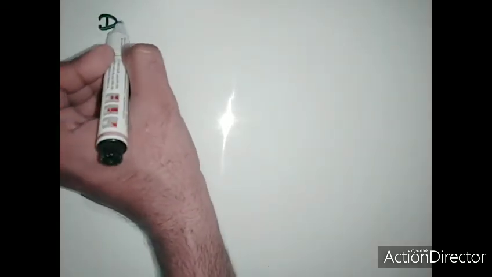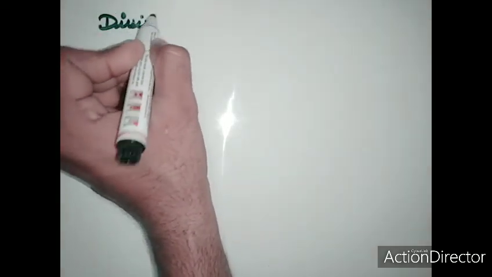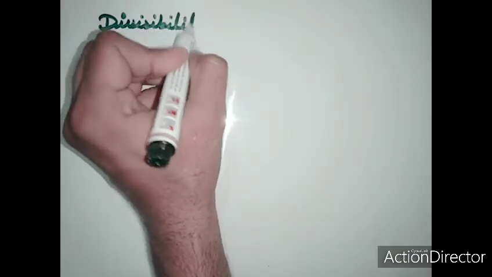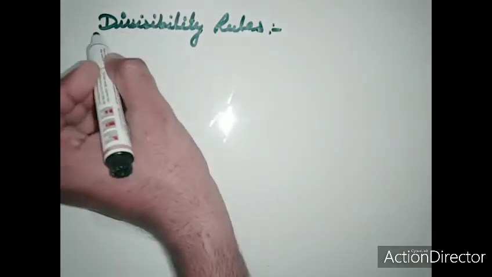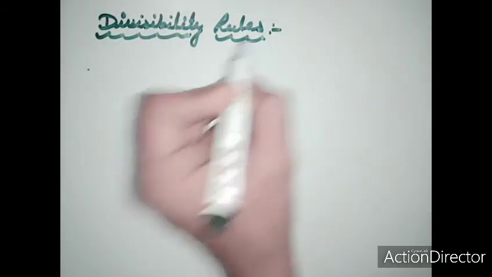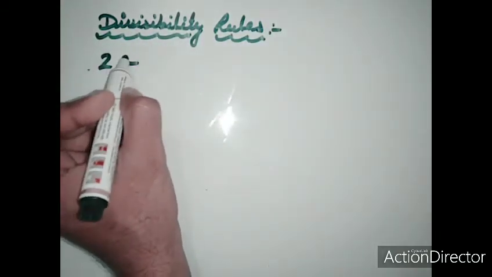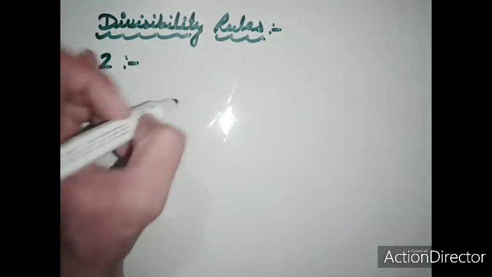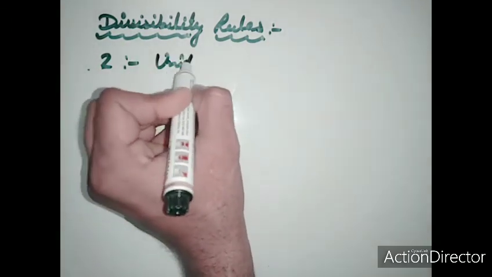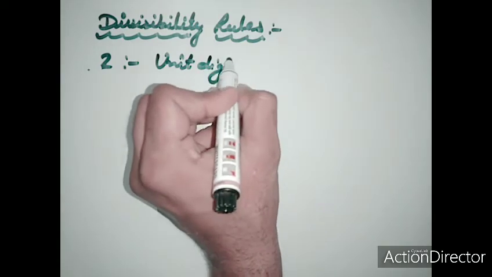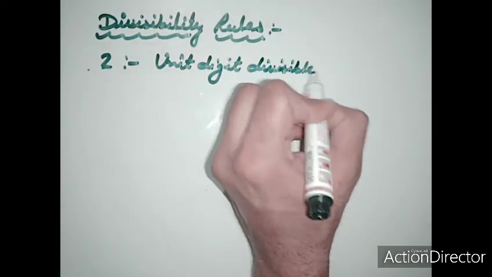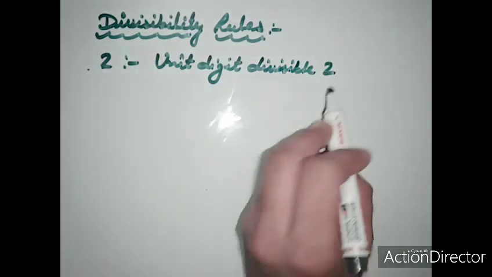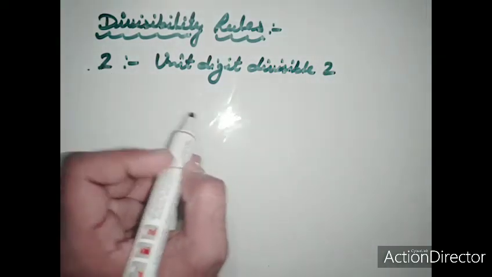Now students, here we will discuss divisibility rules. In short, here we revise all these rules. What is the rule of 2? If the unit digit is divisible by 2, then we say that the whole number is divisible by 2.